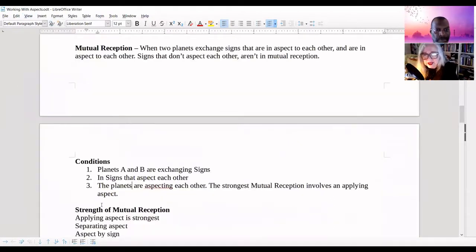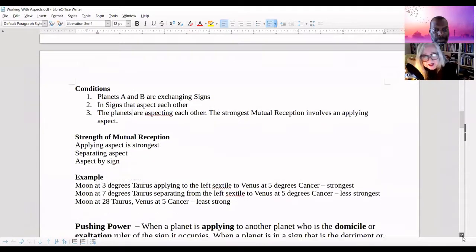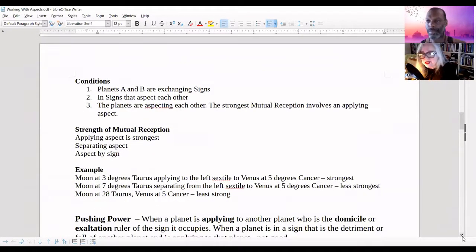The Moon in Taurus is in Venus's sign, and Venus in Cancer is in the Moon's. So the strongest mutual reception is the one where the Moon is at a lower degree. Once again, notice the faster planet is at a lower degree of the zodiac than the slower planet. Moon is the fastest, she's at 3 degrees. Venus is not as fast as she is, she's at 5 degrees.